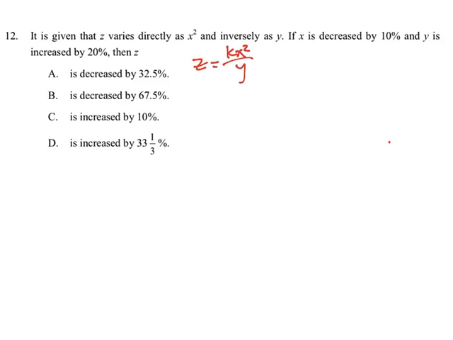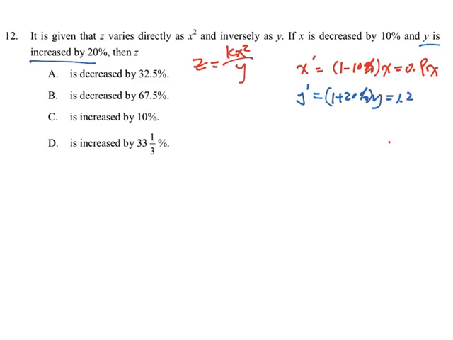We know x is decreased. So the new x is 1 minus 10% x, so 0.9x. And then for y, it increased. So it's 1 plus 20% y, so 1.2y. And then we substitute into the equation.